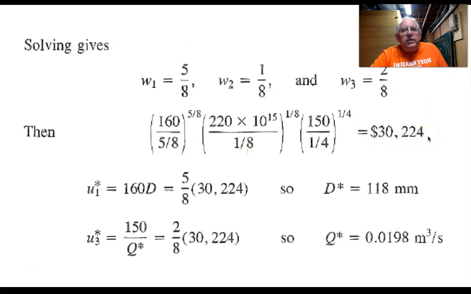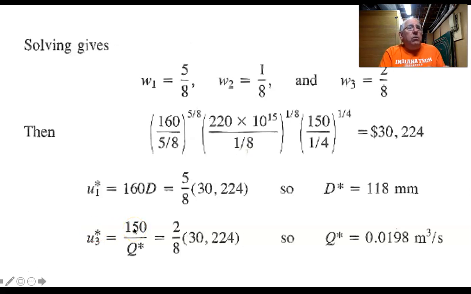And now we need to independently go back to each of the stars, and we said, well, of this objective function, 5/8 of that objective function was equal to the first term in terms of D. And so we can then use that to solve for the D star, which is 118.